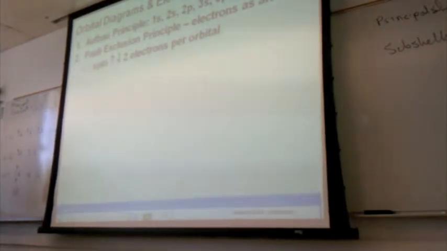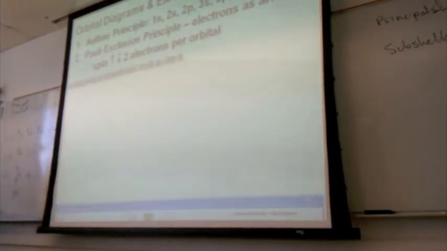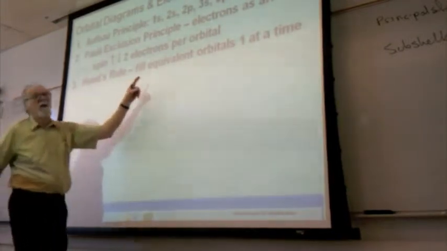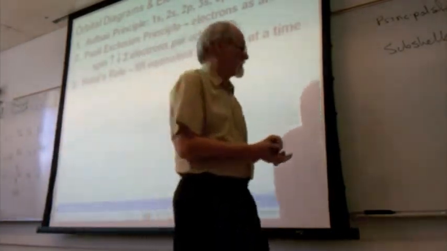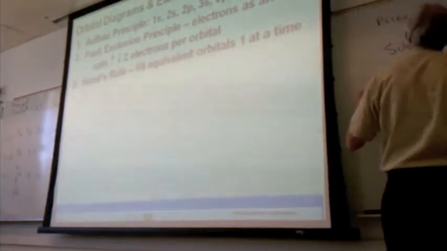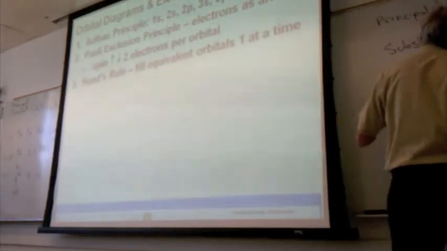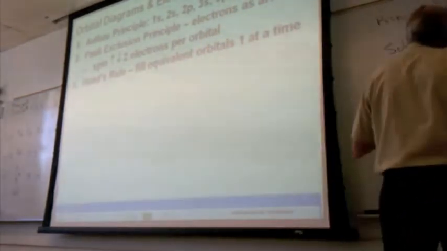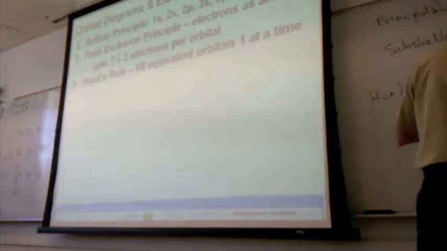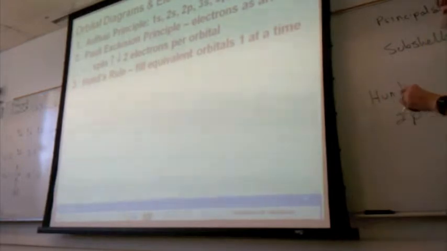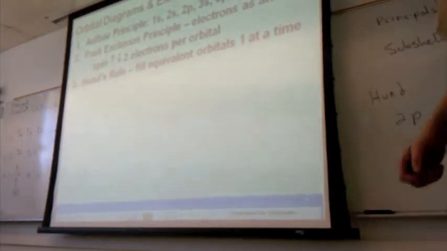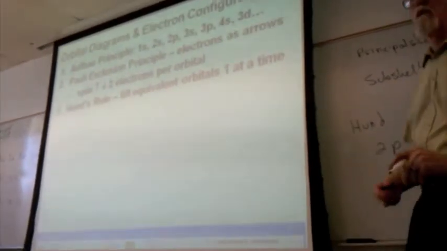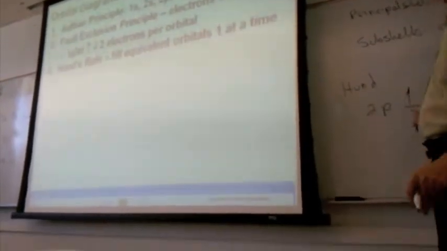There's another rule, which I'm going to get to. It's called Hund's rule. And we're going to do that when we start filling up our P's and D's. And Hund's rule says, let's say we're going to do that 2p. We have to put 6 electrons in there. Well, the first one's going to go right here. The next one, we're not going to put it in there.